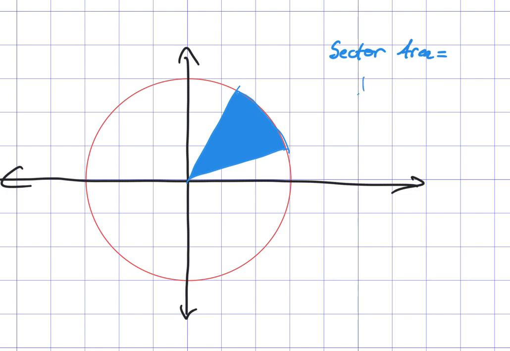So the area is equal to 1/2 theta times r squared. All right, and theta would be whatever that angle is. In radians, we're doing that. So that's how you do area of a sector. If you know the angle that's in there, times r squared times a half, and that's going to be your area.